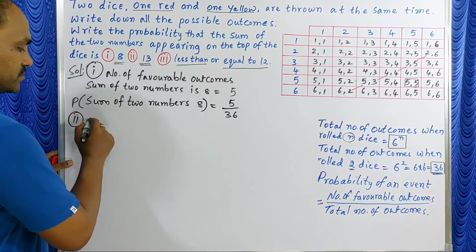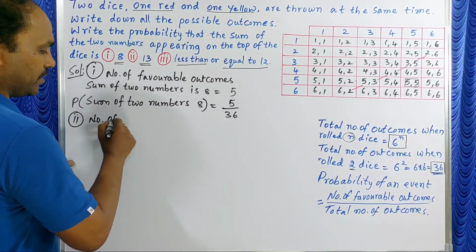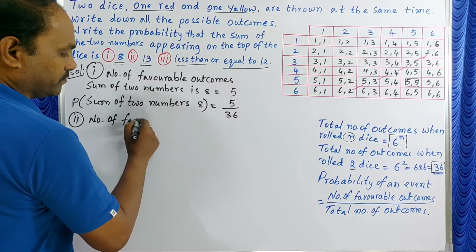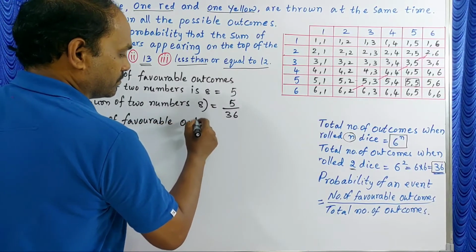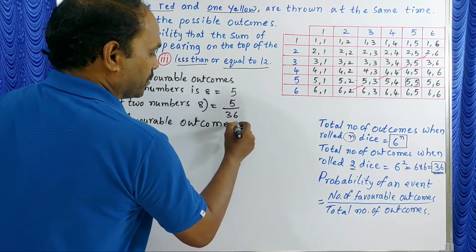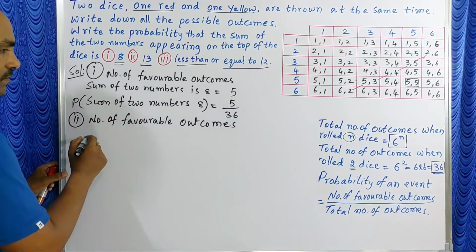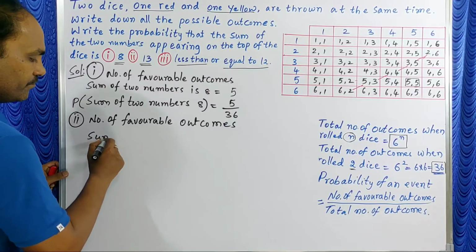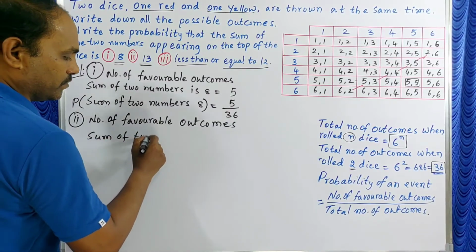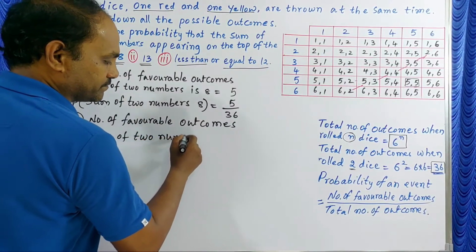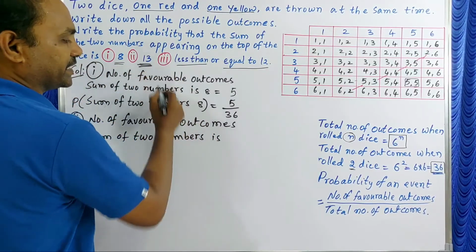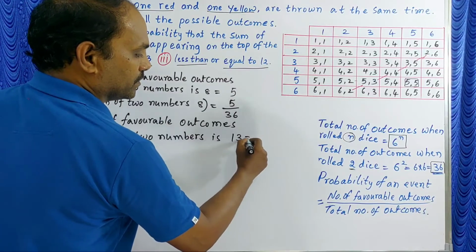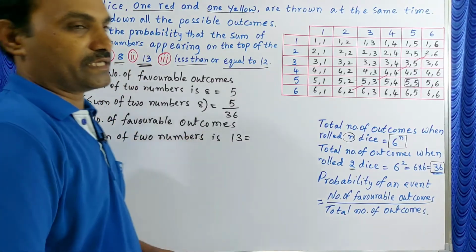sum is 13. So write first number of favorable outcomes, sum of two numbers is 13. Let us check whose sum is 13.